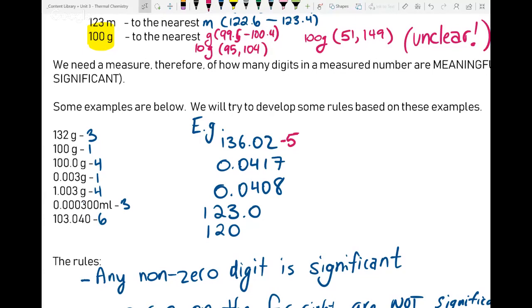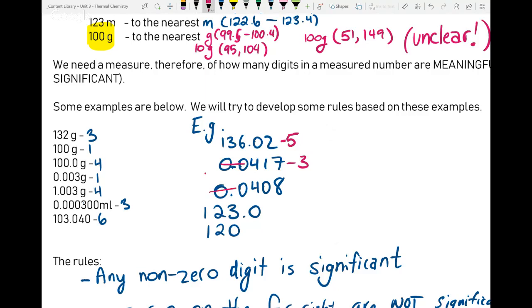This next one, the 4, the 1, and the 7 are all measured, but these 2 zeros out in front are just placeholders. Numbers in front are always just placeholders. Any number that comes before a non-zero doesn't count. So the 4, the 1, and the 7 are measured, meaning this has 3 sig figs.